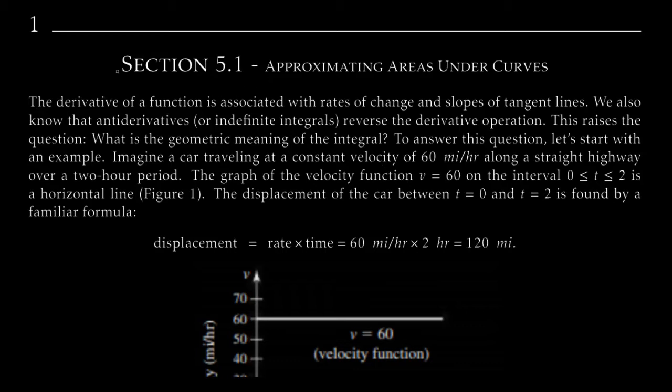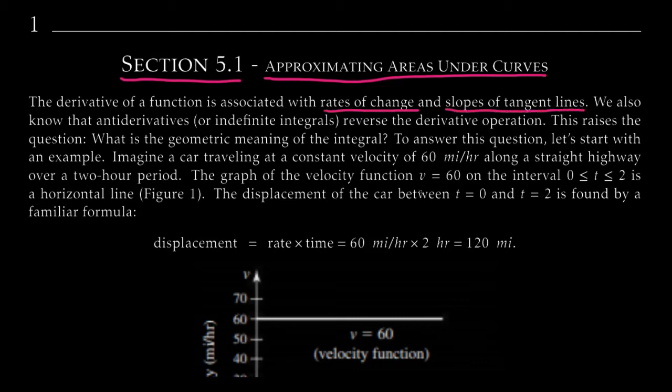Okay, what's up guys? We're back talking about section 5.1, which is all about approximating the areas under curves. So the basic gist of it is that the derivative of a function is associated with rates of change and the slopes of tangent lines.